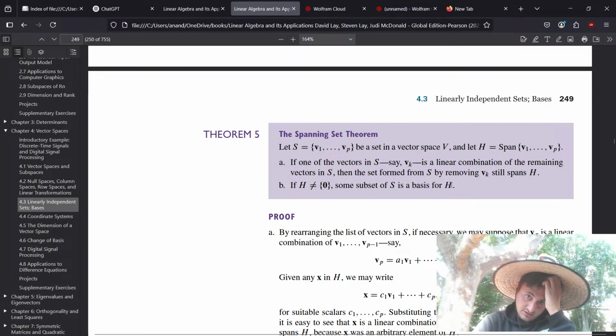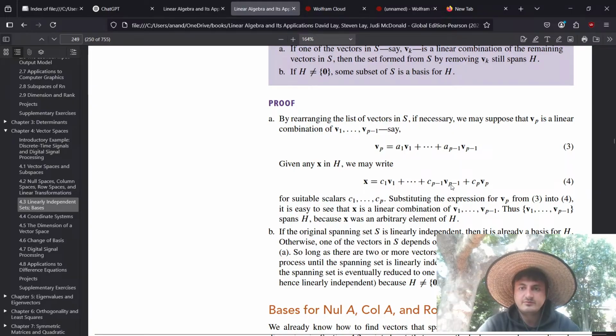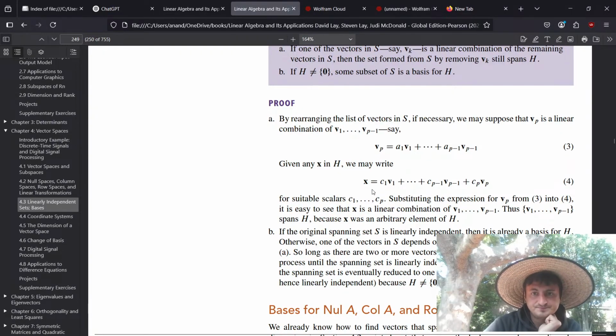I really don't quite understand that second condition. Okay, there's the proof. By rearranging the list of vectors in S if necessary, we may suppose that Vp is a linear combination of V1 through Vp-1. Given any x in H, we may write it out and substitute.